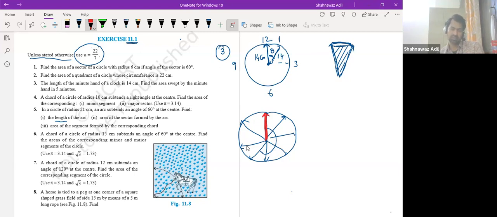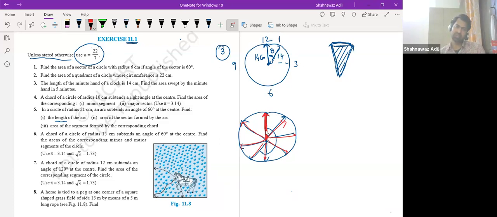Yes. So this minute hand is moving, right? And it makes a complete rotation in some minutes. In how many minutes does it complete one rotation? You have your clock, right?